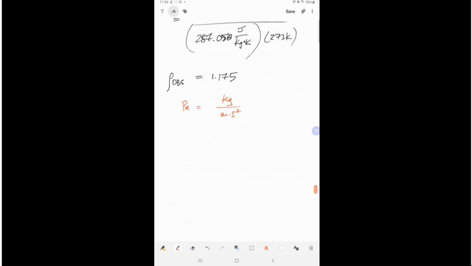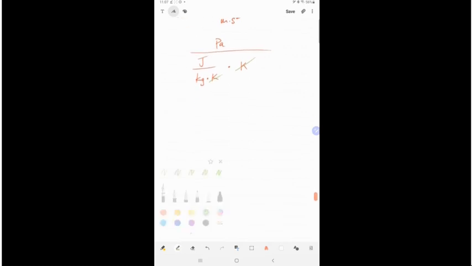Actually, let's take it a step at a time. Pascals in the numerator, joules divided by kilograms times kelvins in the denominator, and then there's another K from the temperature value. So these K's cancel, and you end up with pascals in the numerator divided by a joule per kilogram.